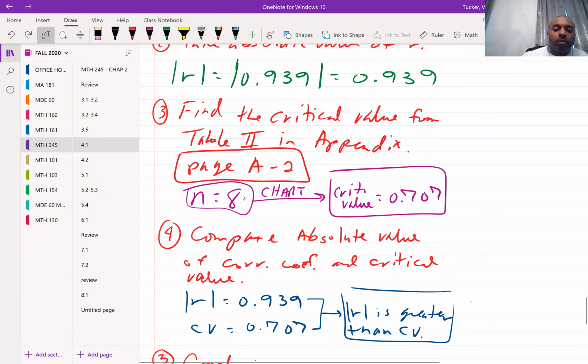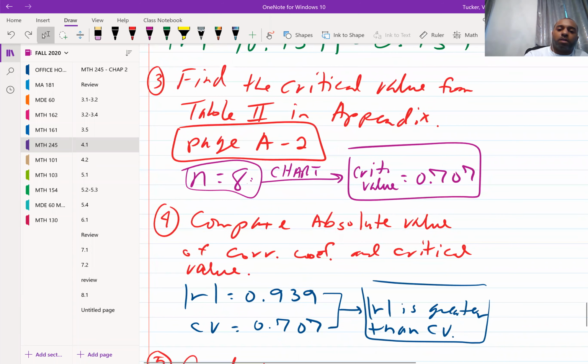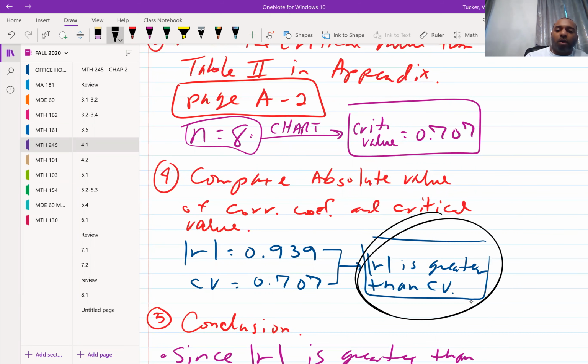Step 4, compare the absolute value of the correlation coefficient and the critical value. And the conclusion right here is that R is greater than that critical value. 0.939 is greater than 0.707.